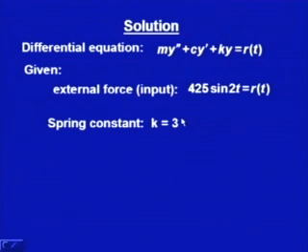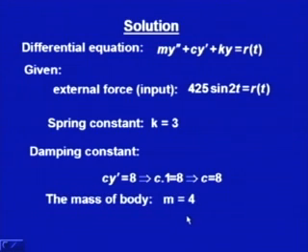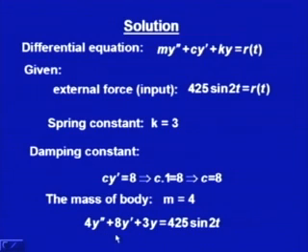We are given that the damping force is 8 Newton when the velocity y' is 1 meter per second, that is cy' is 8, so at y' = 1 the damping constant c is 8. Moreover, the mass is 4 kg. So, our equation would be 4y'' + 8y' + 3y = 425 sin 2t. Now we have the governing equation for this given system. Here y is the displacement at any time t.